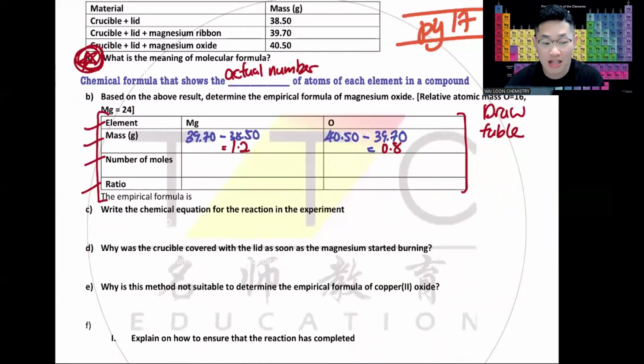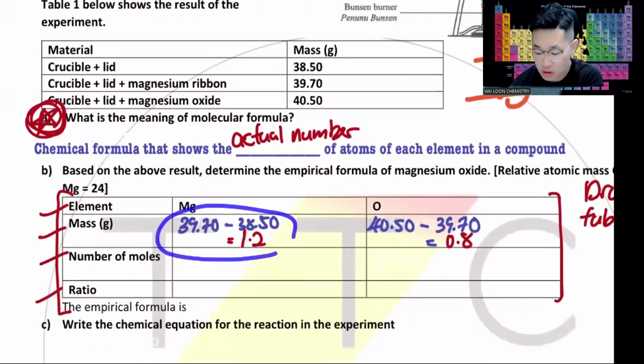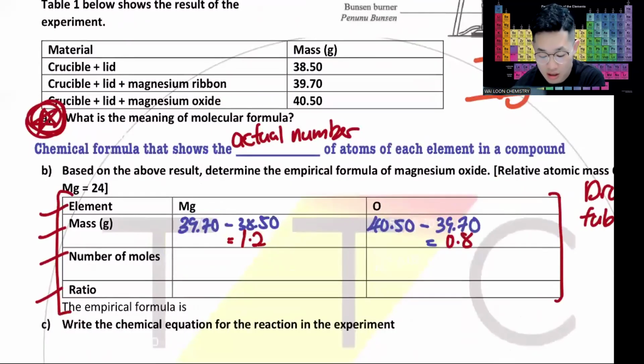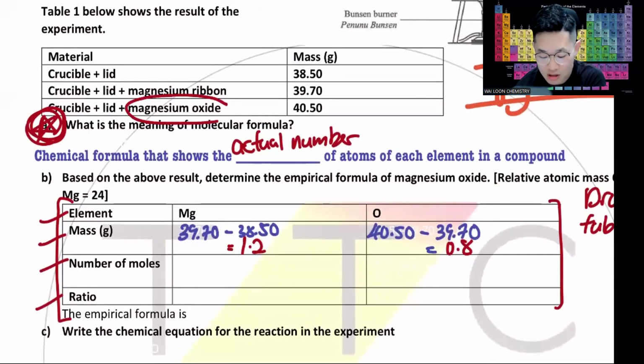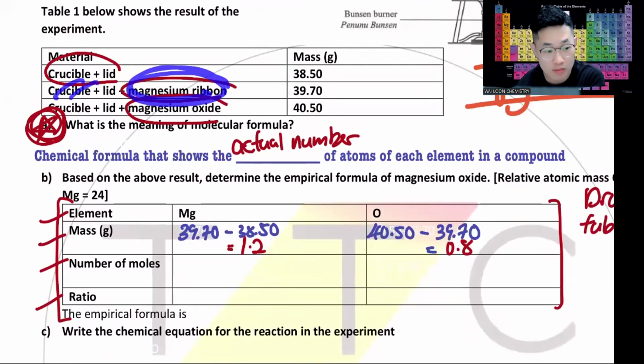Okay, and then we have to calculate the number of moles. Same, we have to show them the working, guys. If there's anything you don't know, please ask me. Like for example, I don't know how to get the 1.2. They will tell me, this is Mg and O, this is Mg, and this is the crucible and lid. I just want this thing only. I don't want the crucible and lid.